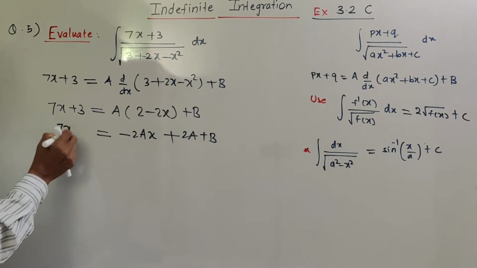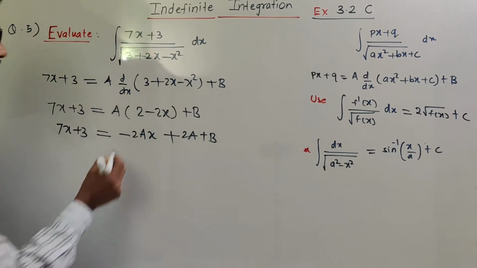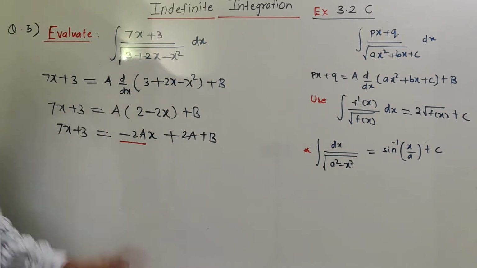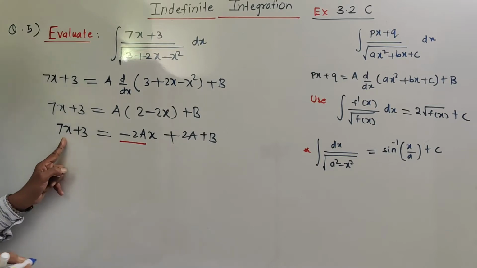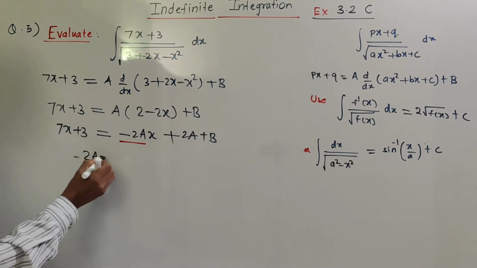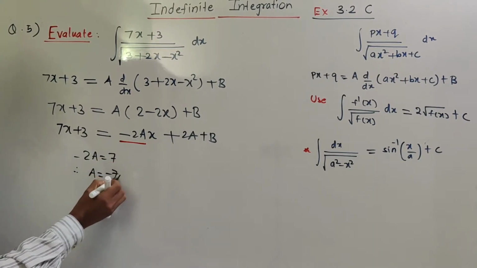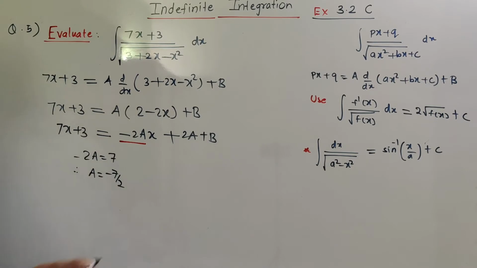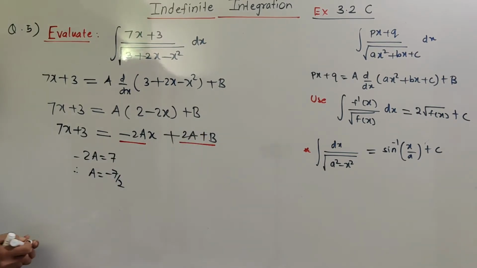Here 7x plus 3. Now compare the coefficient. Coefficient of x is minus 2a, and here coefficient of x is 7. So minus 2a is equal to 7. Therefore a is equal to minus 7 upon 2, and constant, that is 2a plus b, we equate with 3.